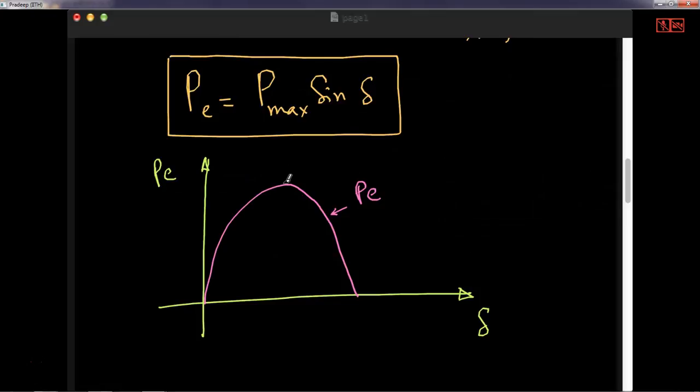This value is called P max, a known constant. Why is it known? Because I know how much voltage I am generating and what the terminal voltage is, and X we also know. This P max power occurs at an angle of pi by 2, 90 degrees. This is pi, this is 0 radians, and this is the value of delta.